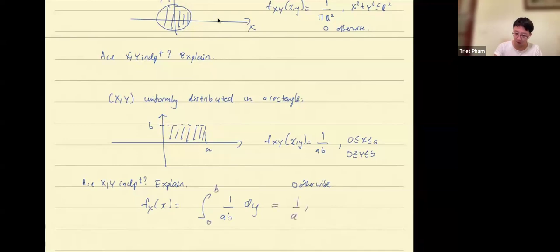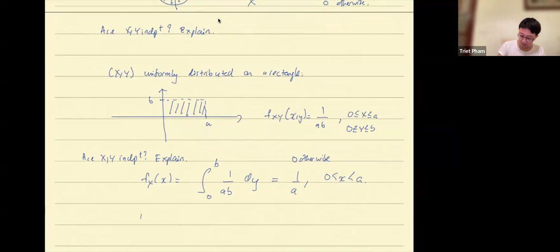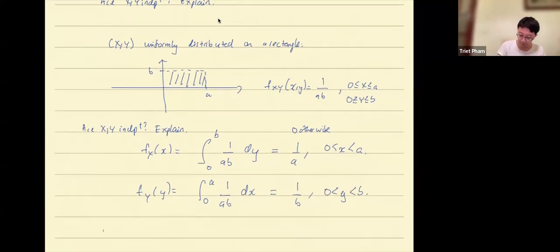Therefore, this is 1 over a. Similarly, which is, and so you see, right? The support is also very important.